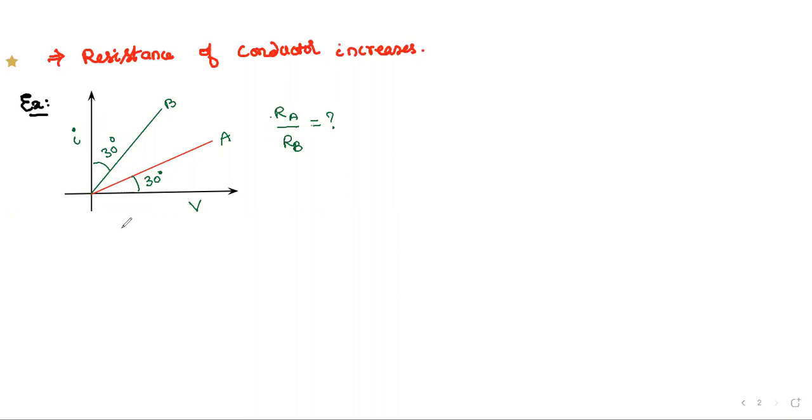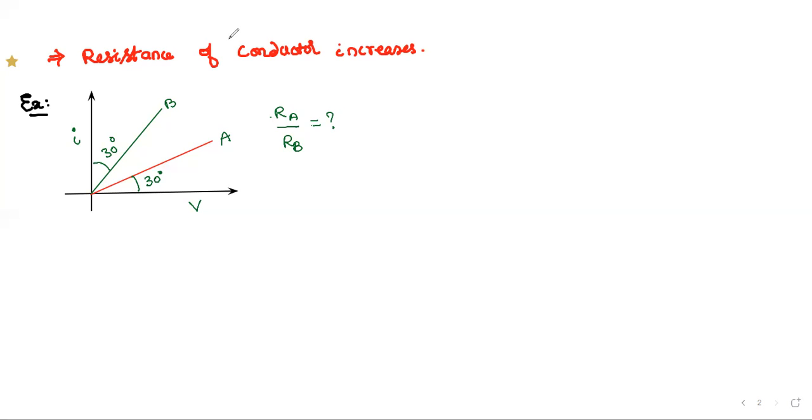Is it 3, Srinidhi Priya? 3 is to 1, Srivatsa. Right. Good. All of you are right.